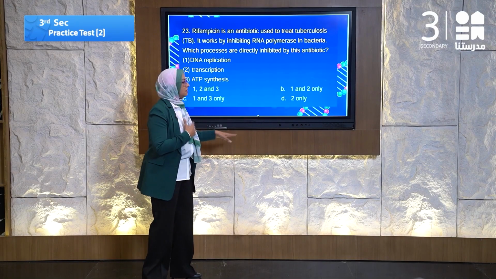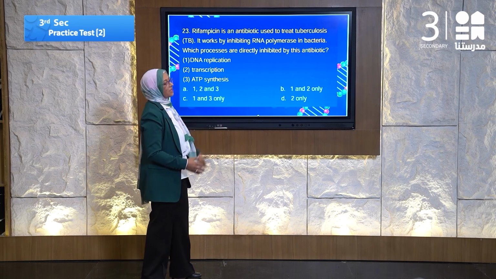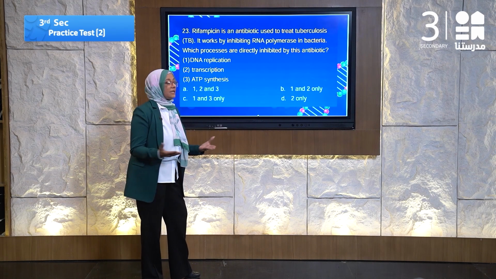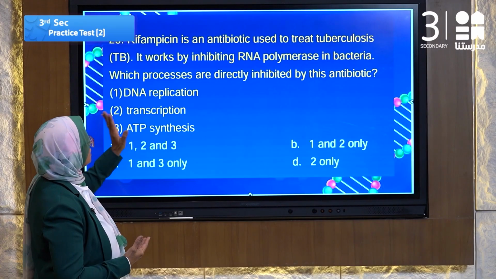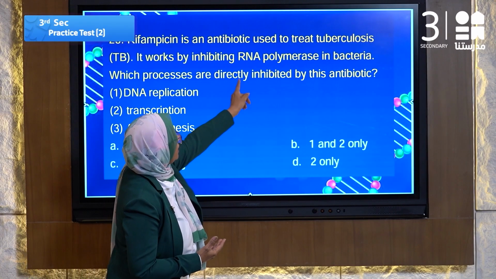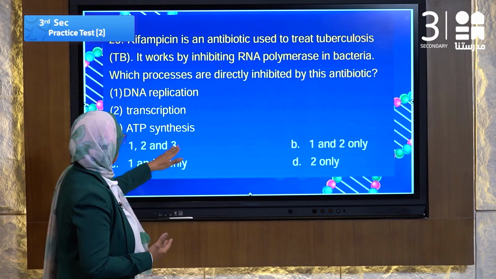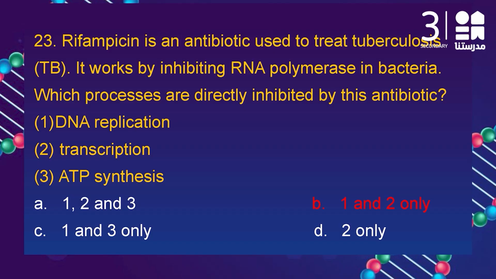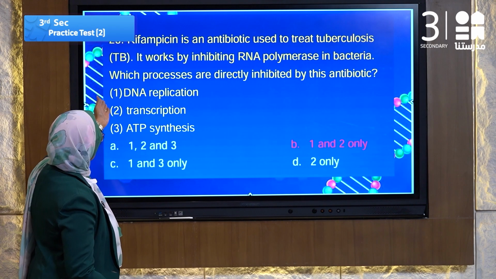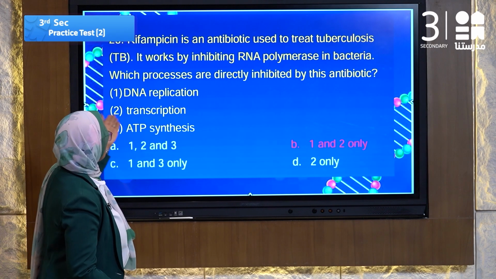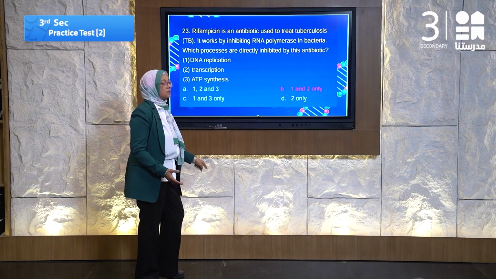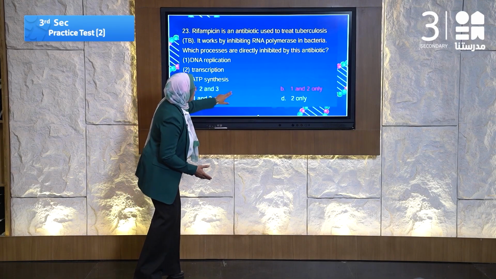I think it is not ATP synthesis, because stopping the action of RNA polymerase in bacteria kills them. So the answer is 1 and 2 only: DNA replication and transcription, not ATP synthesis.